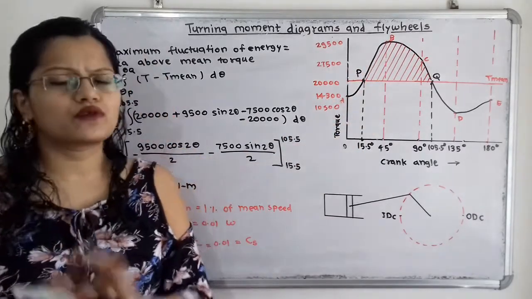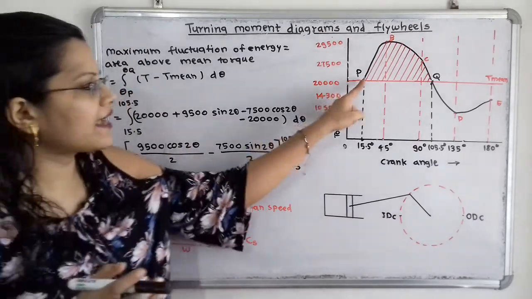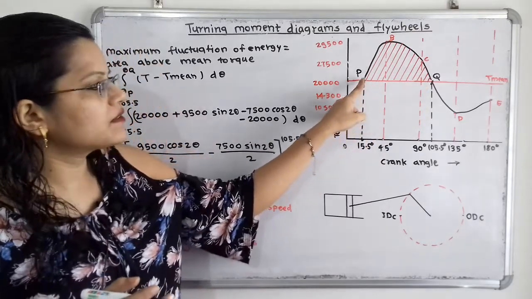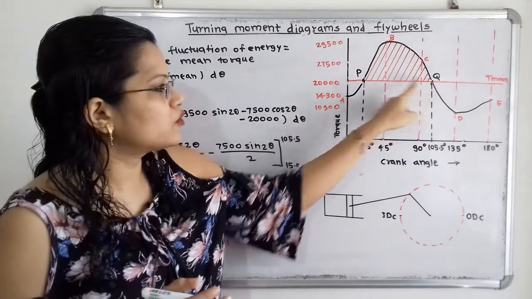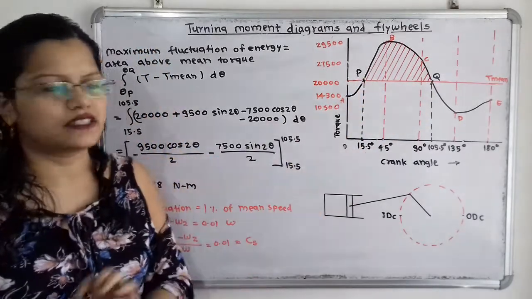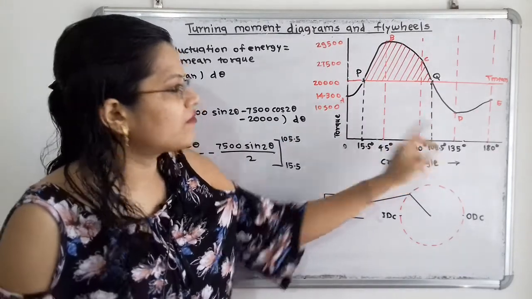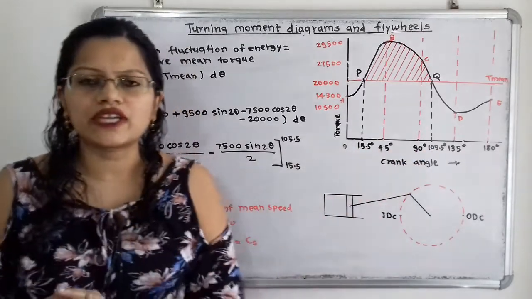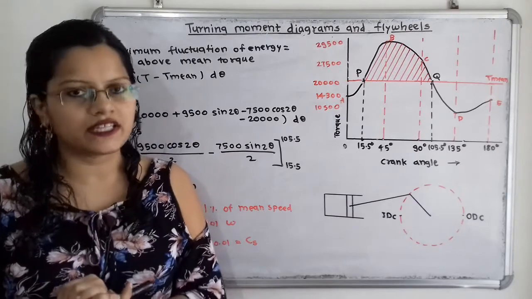We have the torque equation, and we also have the angle difference along this baseline. The baseline is the distance from point P to point Q. At point P the crank angle is 15.5 degrees, and at point Q it is 105.5 degrees. This is the limit that we have to give for this torque equation to find the area.